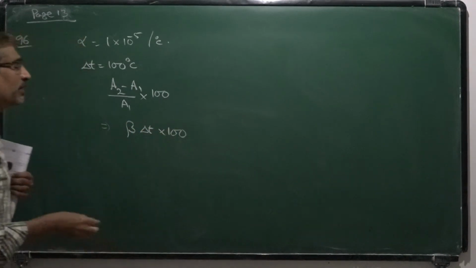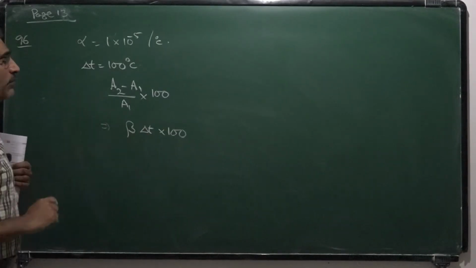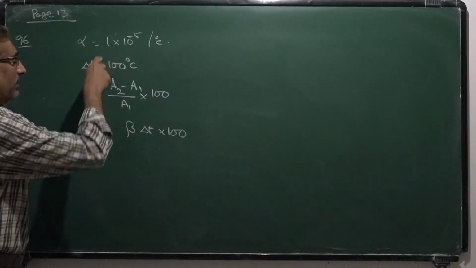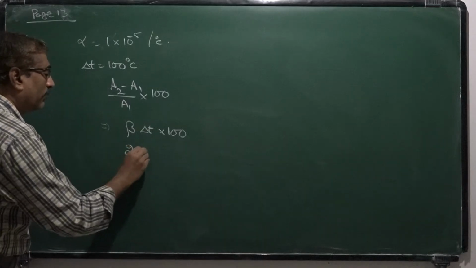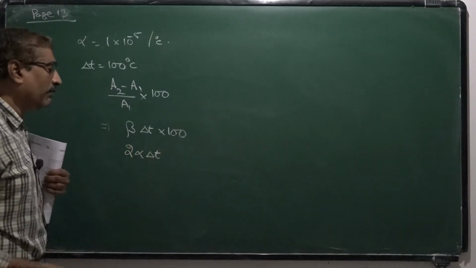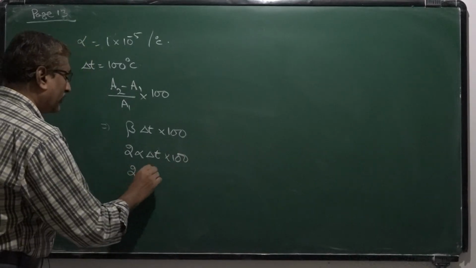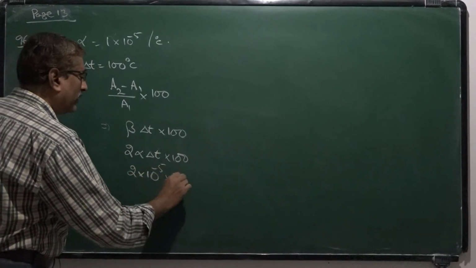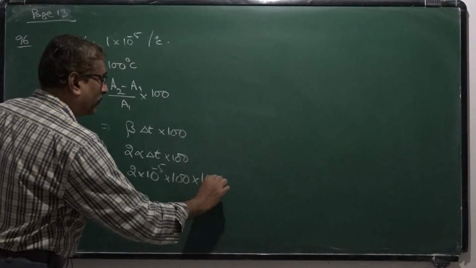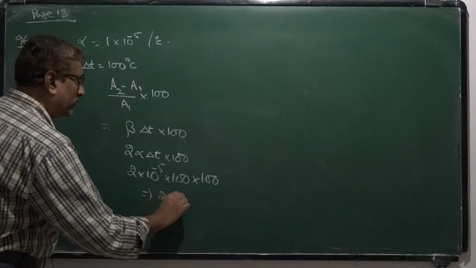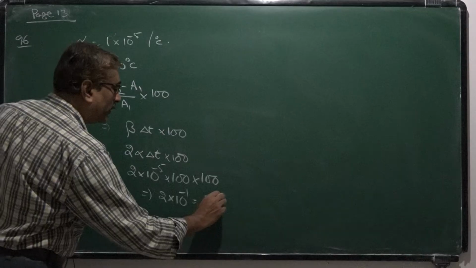Here we have alpha, so in place of beta we substitute 2 alpha. So 2 into 10 to the power minus 5 into 100 into 100. That is 2 into 10 to the power minus 1, that is 0.2%.